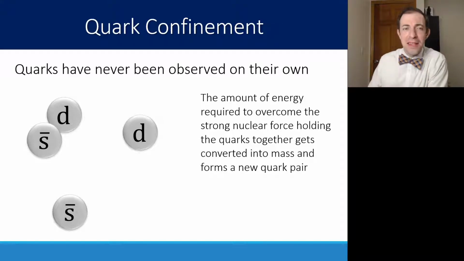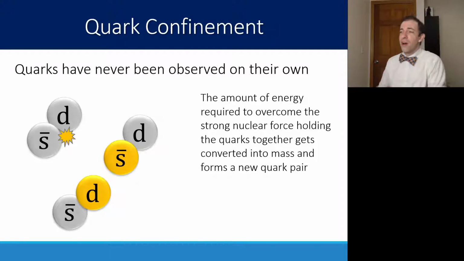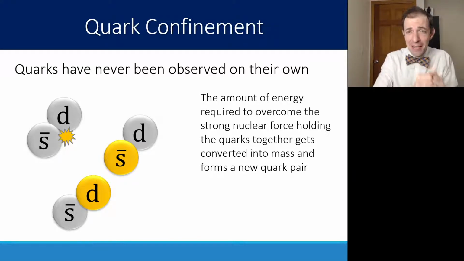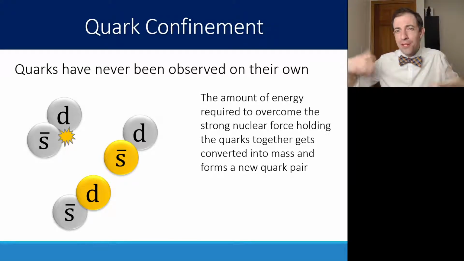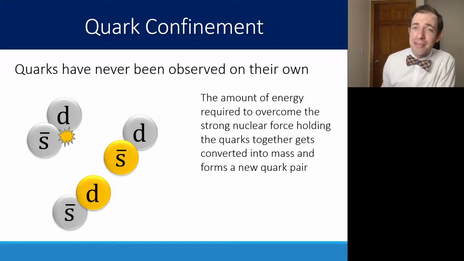Well, turns out that the amount of energy required to overcome that strong nuclear force that's holding those together is actually enough energy to be converted into mass and create two new quarks along the way. So if you were to add enough energy to separate the quarks, well, too bad, because that energy was converted into mass and you have two mesons now instead of one. So quark confinement means that quarks will never be found or observed on their own.